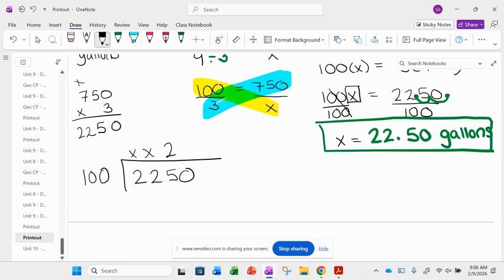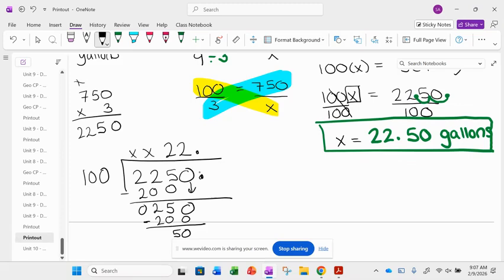So then you're going to say 2 times 100 is 200, and then you subtract. 2 minus 2 is 0. 2 minus 0 is 2. 5 minus 0 is 5. And then you bring down that 0. 100 goes into 250 twice again. So that's 200. When you subtract, you get 50. There's no more numbers to bring down.